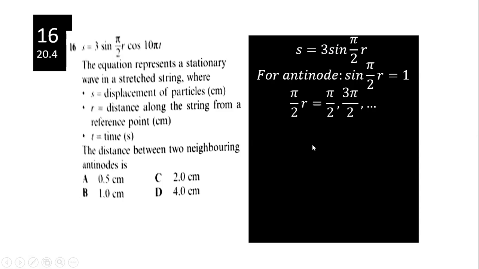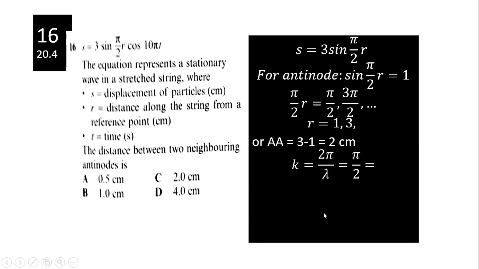And another pi, if you want to, then can calculate. Take the 2 across it, become 1, 3. So distance between A and A is 3 minus 1. This one is all in cm. That's 2 cm.